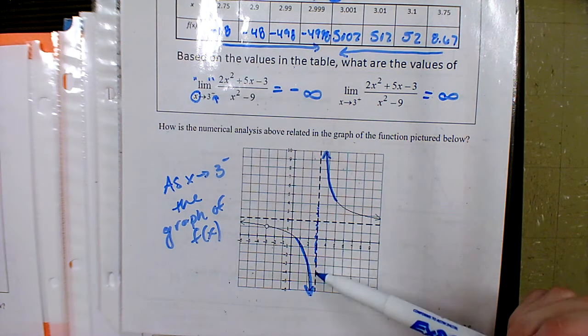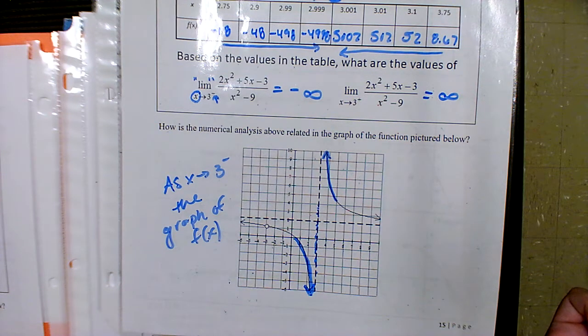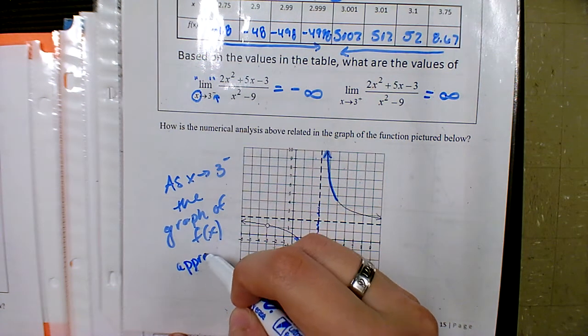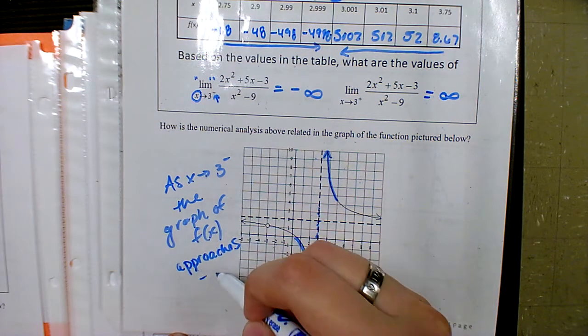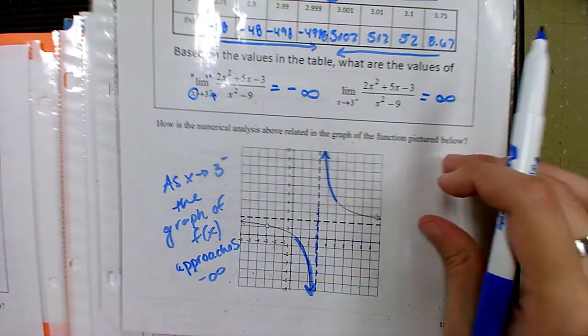As we approach 3 from the left, how can you describe the graph? Approaches negative infinity. You could say continues downward forever. Okay, same idea, different wording.